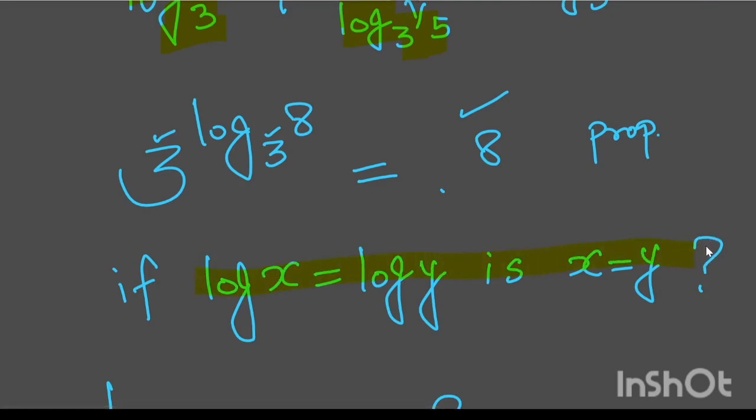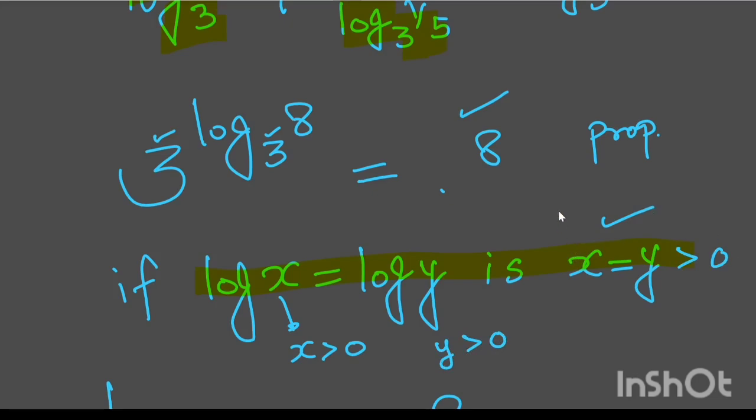Is this correct or wrong? What do you say, guys? Fortunately this time, this is correct, provided it satisfies the domain constraints, meaning x and y both should be positive. So yes, it is correct.